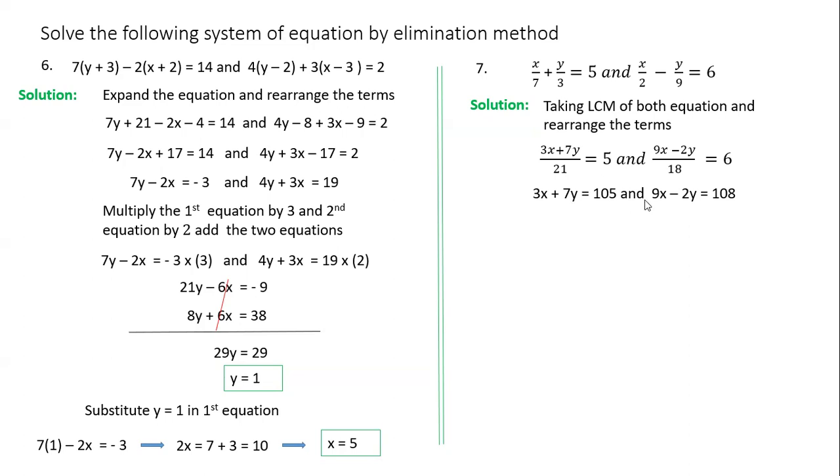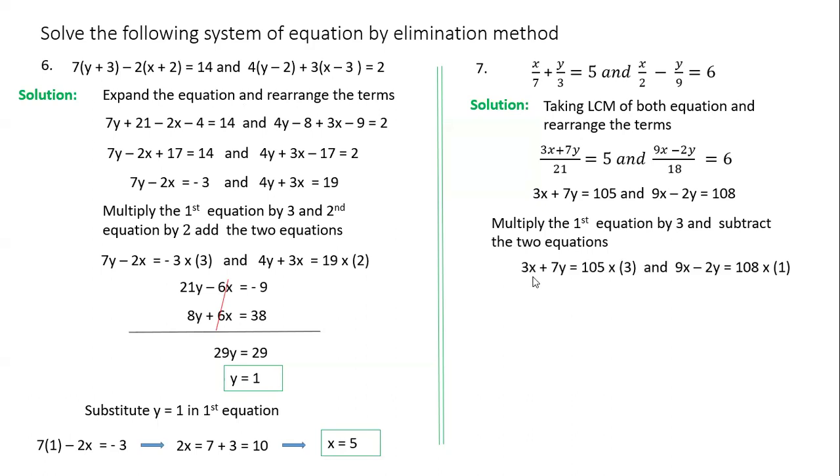Now the equations, we brought them again in the normal form. Now you see here, this particular 9x, 3x. So we multiply the first equation by 3 and subtract the two equations.